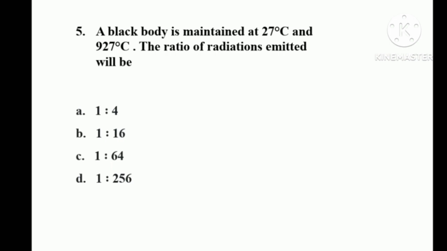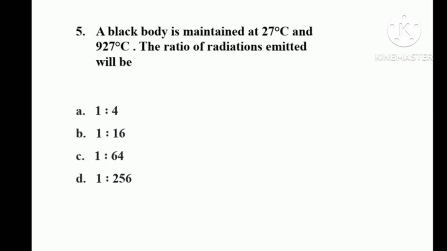To convert 27 degrees Celsius into Kelvin, we have to add 273 to 27 degrees Celsius. When we add, we obtain 300 Kelvin. Hence, T1 is equal to 300 Kelvin.